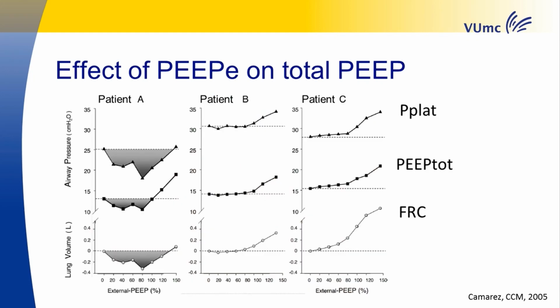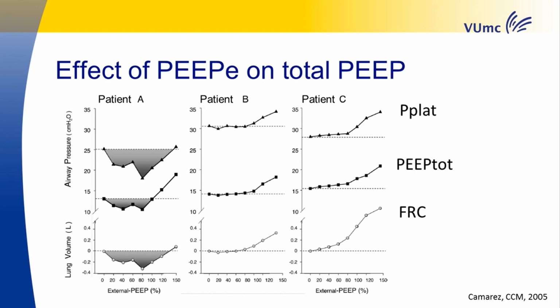And right here, 3 patients, just for our understanding of what's going on. Patient A, patient B, patient C. The upper curve is the plateau pressure, intrinsic PEEP, and the FRC. So this is a typical patient. If you apply extrinsic PEEP, the hyperinflation, say, let's take this one, the total level of PEEP, actually decreases until extrinsic PEEP is higher than intrinsic PEEP.